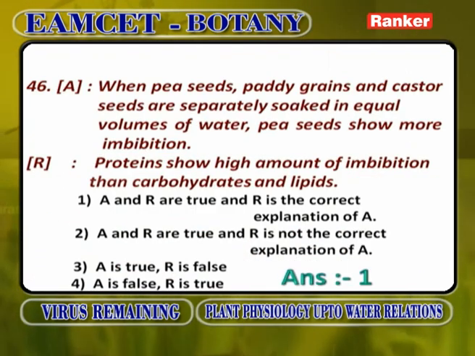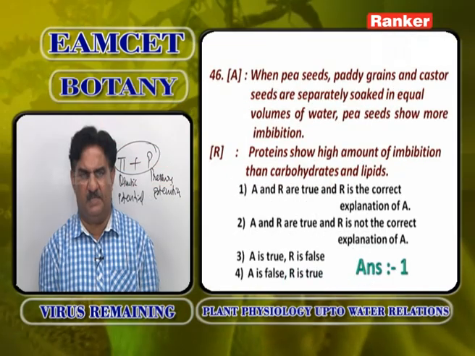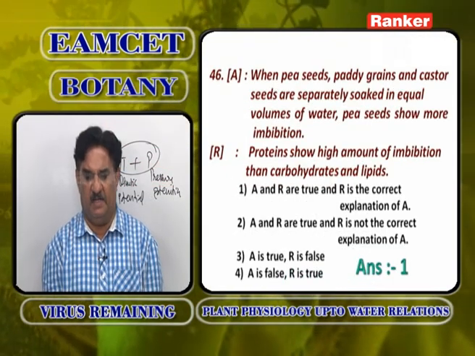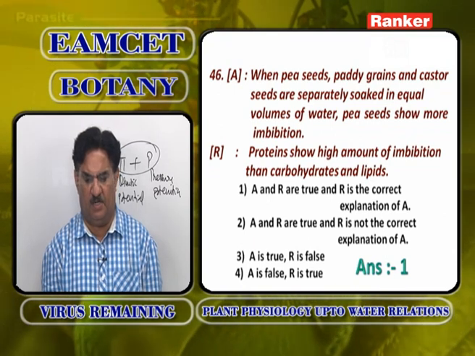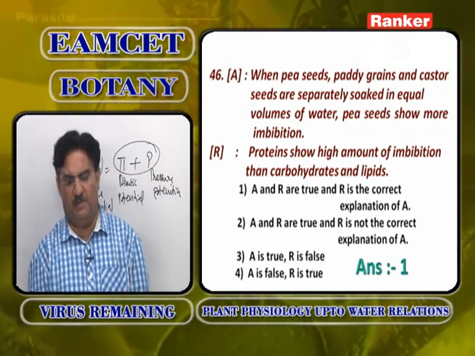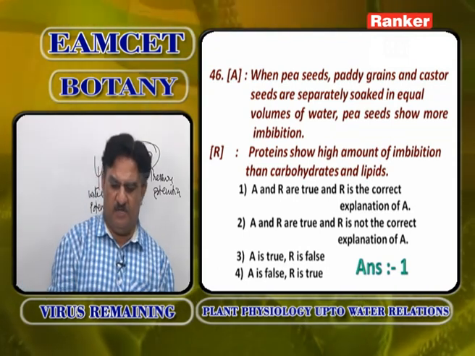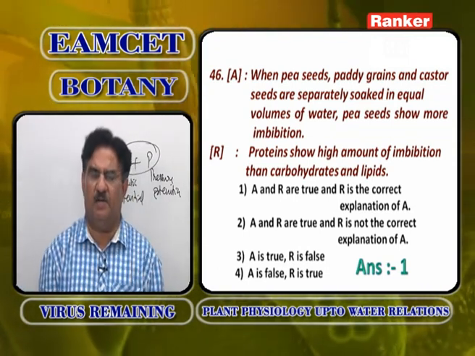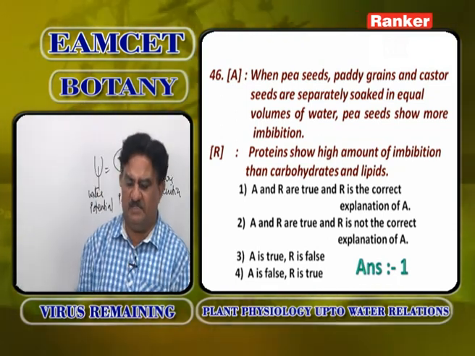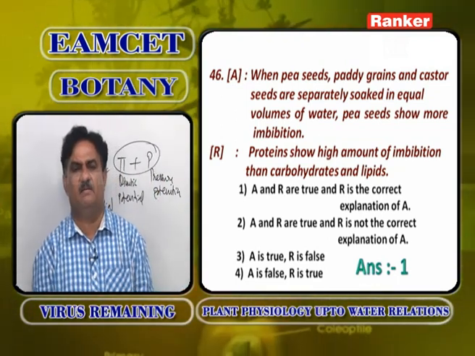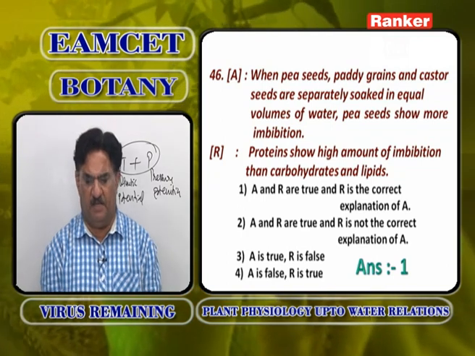Another assertion reasoning. When pea seeds, Pisum sativum, paddy grains and castor seeds are separately soaked in equal volumes of water, pea seeds show more imbibition. Proteins show a high amount of imbibition compared to carbohydrates and lipids. It is a very important aspect. Protein seeds show more imbibition than starchy grains and lipid components.